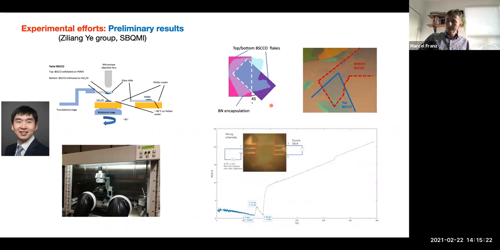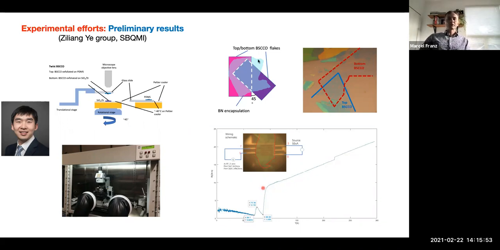So basically the first success was that his group was able to exfoliate single monolayers of this material, and they demonstrated that they superconduct at high temperature. That's this graph. It's kind of unfortunate that these labels obscure the axis, but they routinely get superconductivity in the monolayer above 70 Kelvin, which is good.